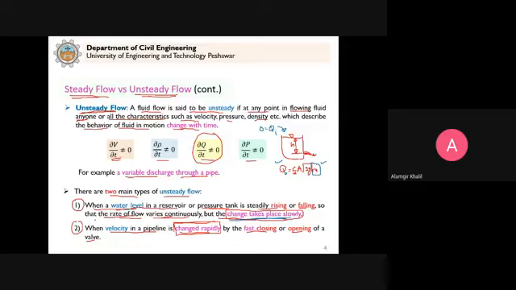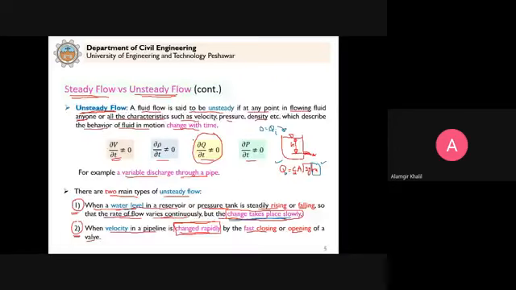For example, the floods which come, you can see the changes that take place with respect to time. So that is essentially an unsteady flow problem. But floods we are not going to cover in this course. Only these two main types of unsteady flow problems we are going to understand and study in detail.